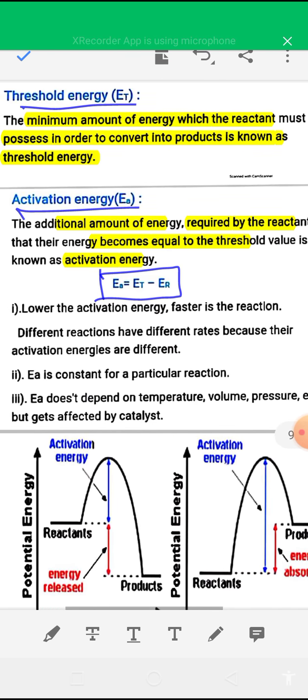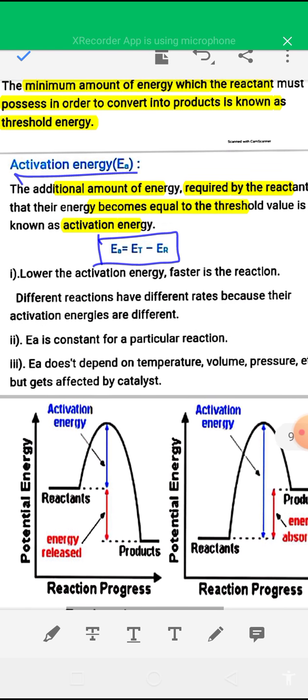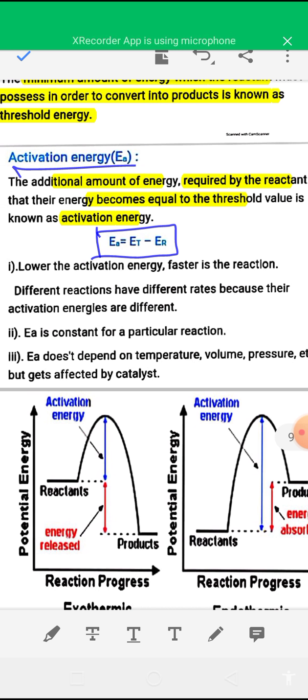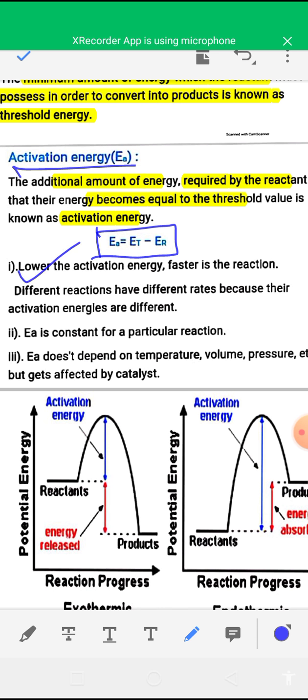Activation energy is the amount of energy required by the reactant so that their energy becomes equal to the threshold value, and lower the activation energy, faster will be the reaction.